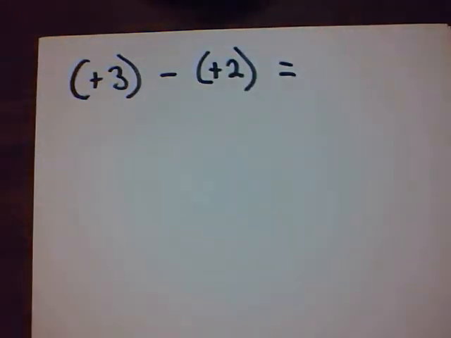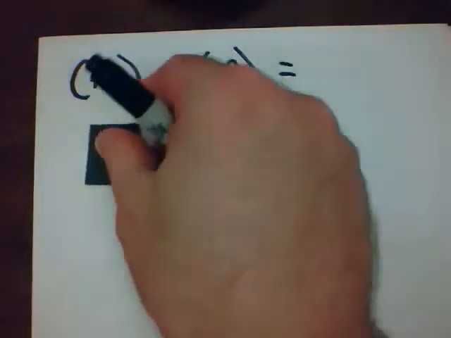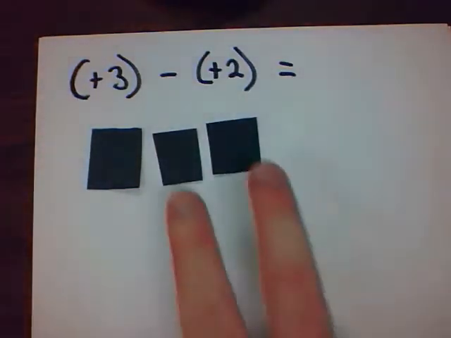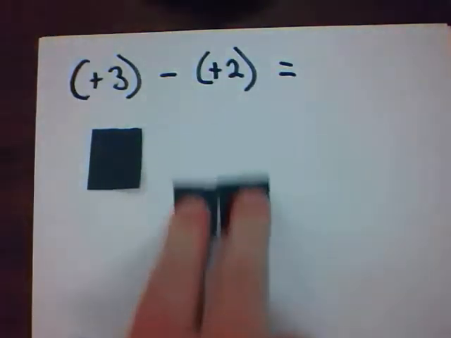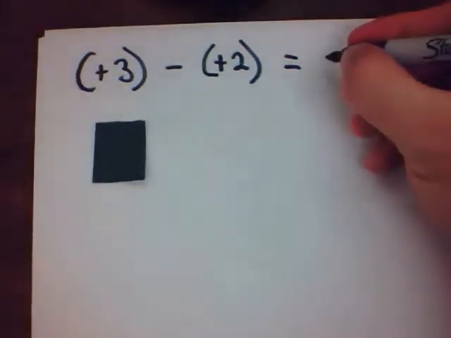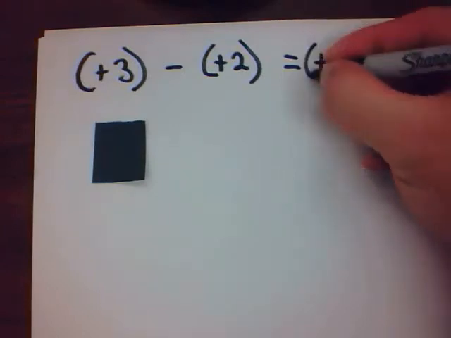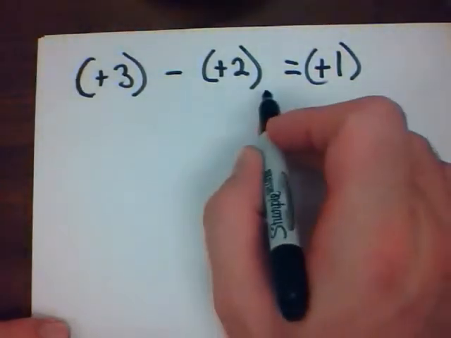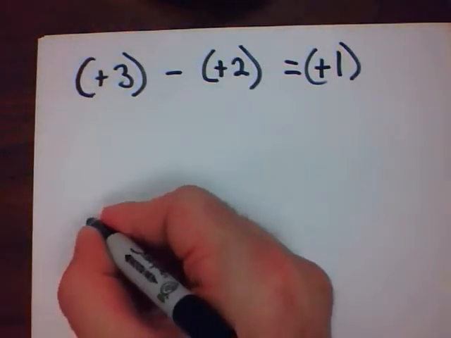If I start with 3 positive, and I take away 2, I end up with a positive 1. Okay, that's simple enough. That's a pretty simple question, actually. It's 3 minus 2. But what about this question?